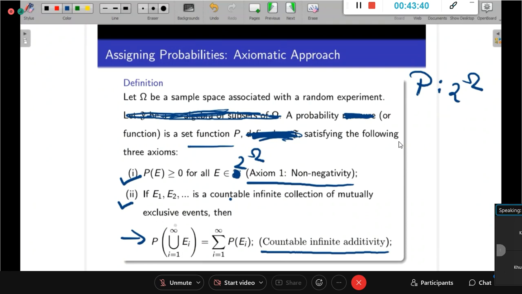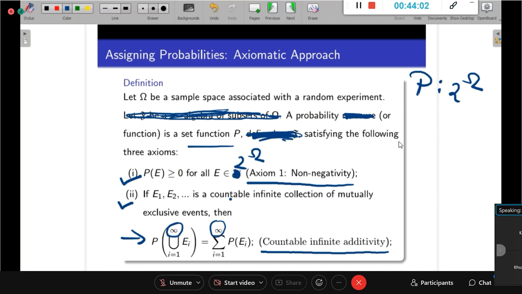Keep in mind that you have an infinite union and an infinite sum. The concept you have learned for infinite series will come into the picture whenever you are taking a countable infinite collection. I will give an example for that also.